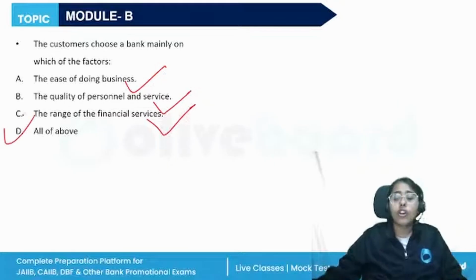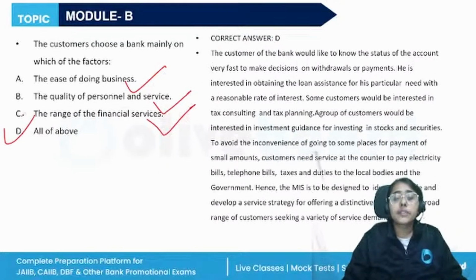So, all of the above. The customer of the bank would like to know the status of the account. They're also interested in obtaining loan assistance, in tax consulting and tax planning. They would also want the remote delivery channels to pay electricity bills, telephone bills, taxes, and duties. All right. So the correct answer is all of the above.